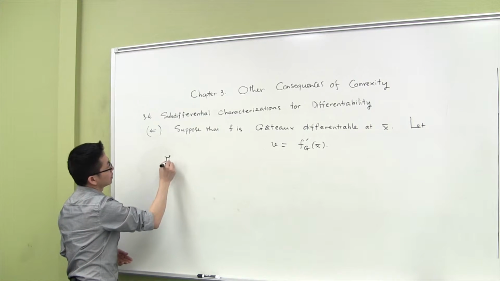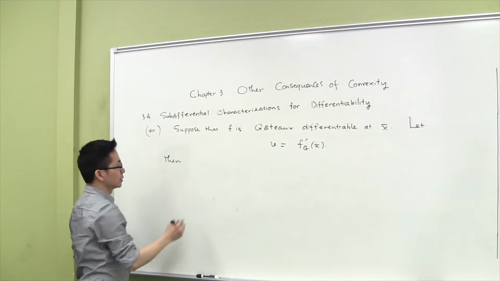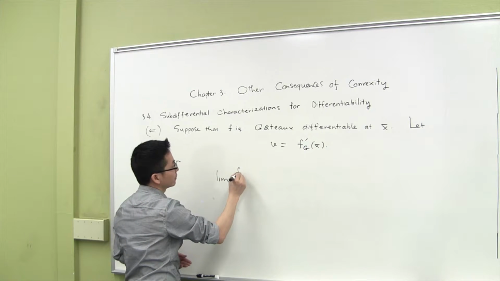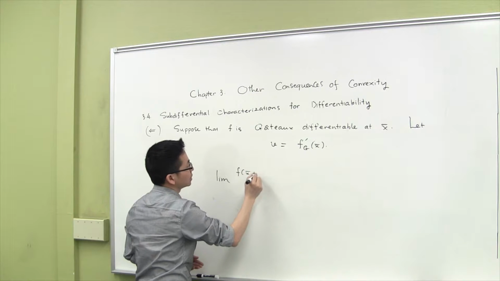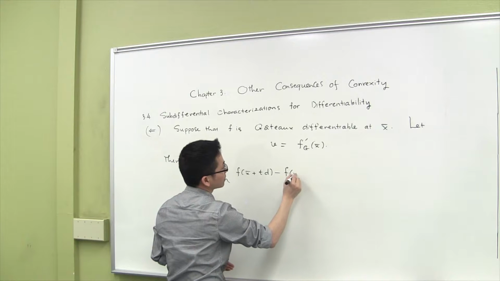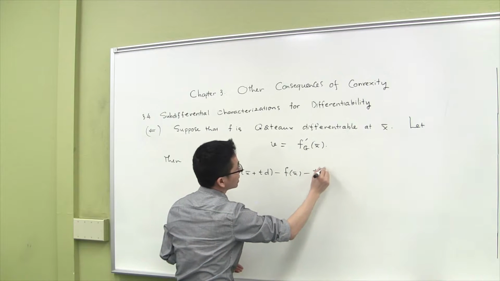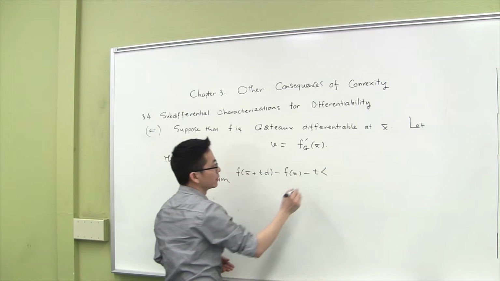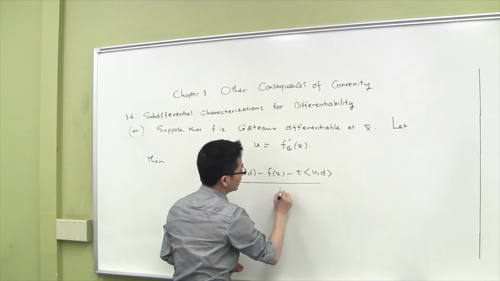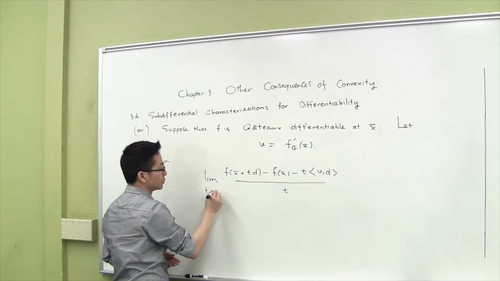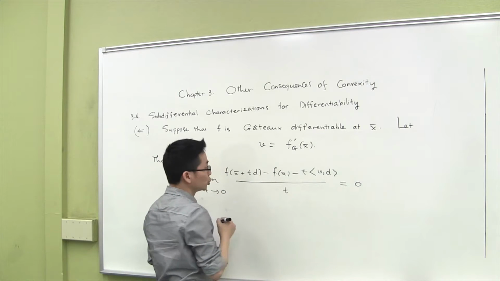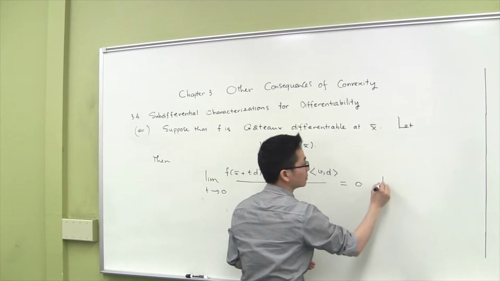Then, by the definition, we have that the limit of f of x bar plus t times d minus f of x bar minus t times the inner product of v and d over t as t approaches 0 is equal to 0. And this is true for all d in Rn.